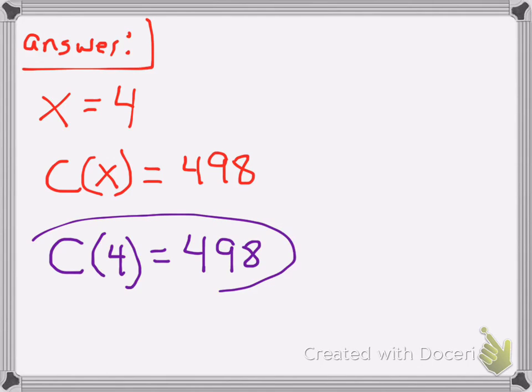That's it. That is literally the function that makes it true. And we say that as C of 4 equals $498. So X is like an input value.